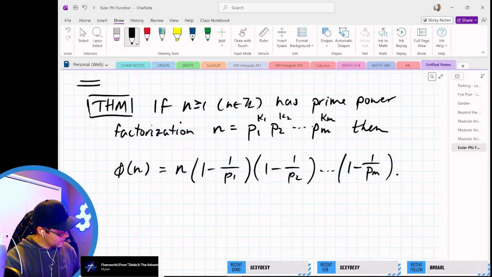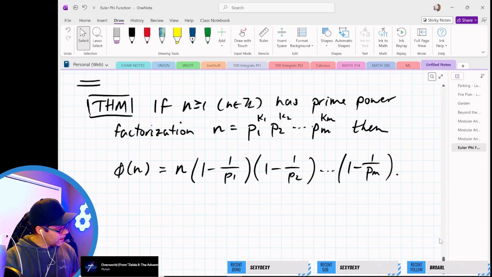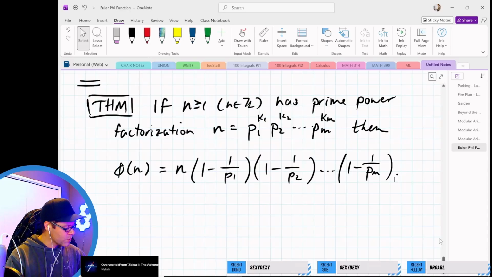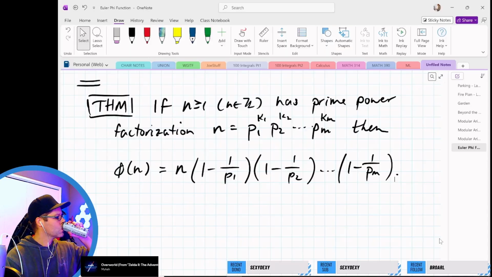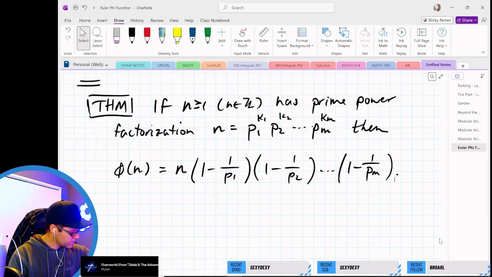Now, I'm just going to do a quick little read of the proof. I think we can prove this using the two lemmas. Oh yeah, okay.